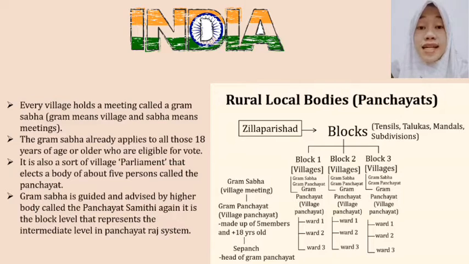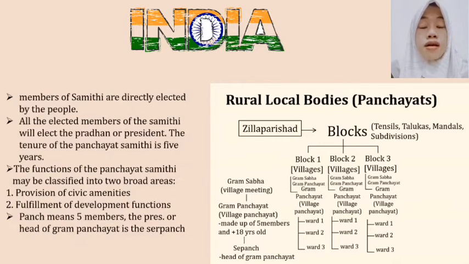Furthermore, it is guided and advised by a higher body called the Panchayat Samiti. Again, the Panchayat Samiti is the block level that represents the intermediate level in the Panchayati Raj system. Now, the method of elections in India is that the members of the Samiti are directly elected by the people, which is the direct election method.